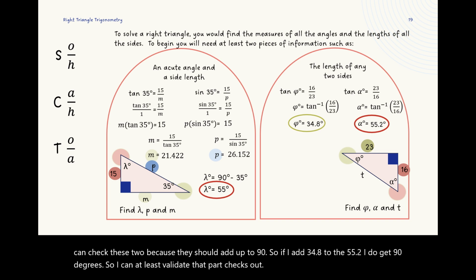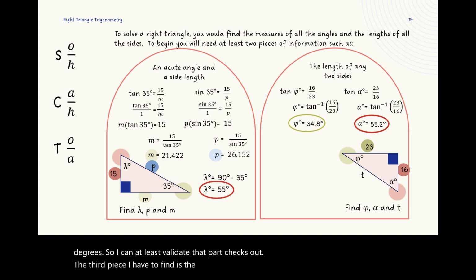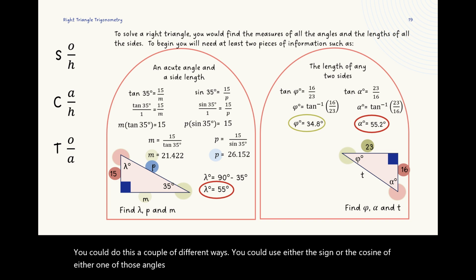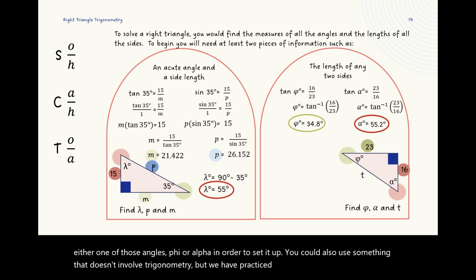The third piece I have to find is the length of the side that is t. You could do this a couple of different ways. You could use either the sine or the cosine of either one of those angles, phi or alpha, to set it up. You could also use something that doesn't involve trigonometry, which we have practiced already, and that is the Pythagorean theorem.